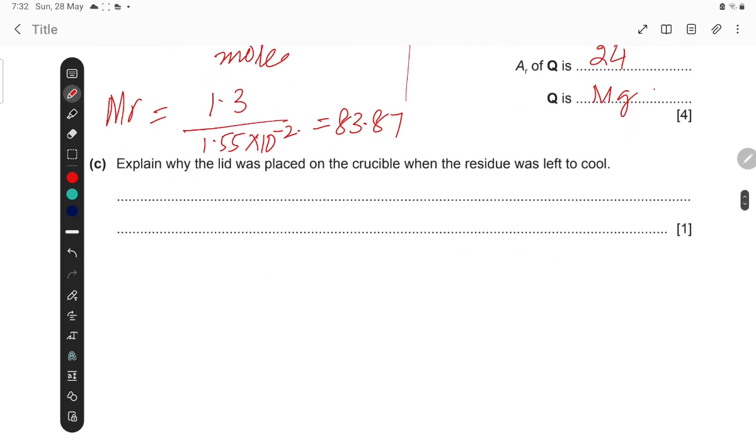Explain why the lid was placed on the crucible when the residue was left to cool. So that water vapor from air is not absorbed.